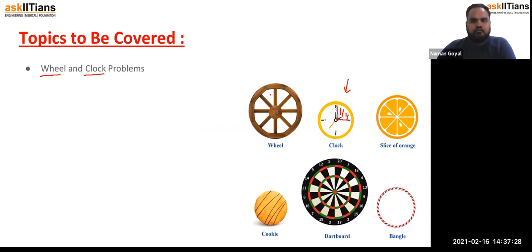In wheels we have sectors and the circumference, because a wheel and a clock are both in the shape of a circle. So questions related to wheels and clocks appear in this chapter, and we are going to take that type of question separately for better understanding.